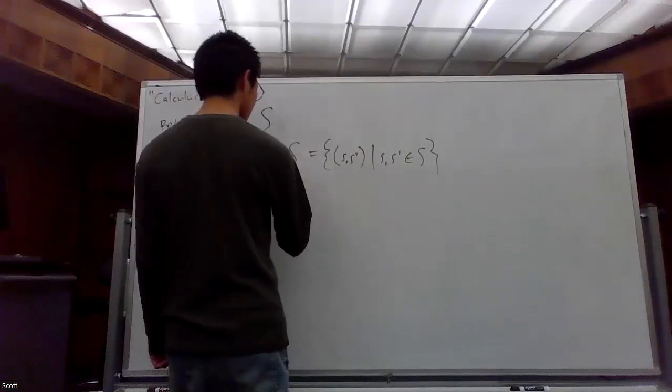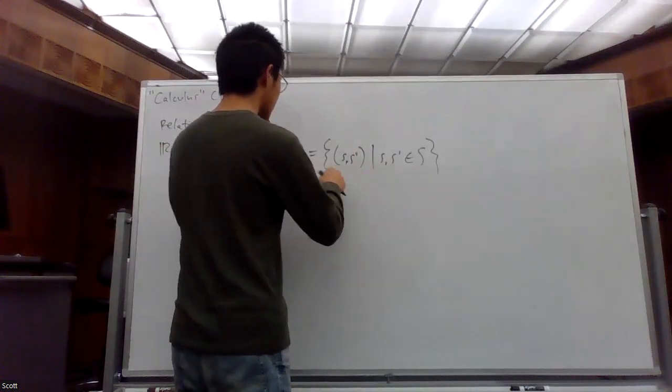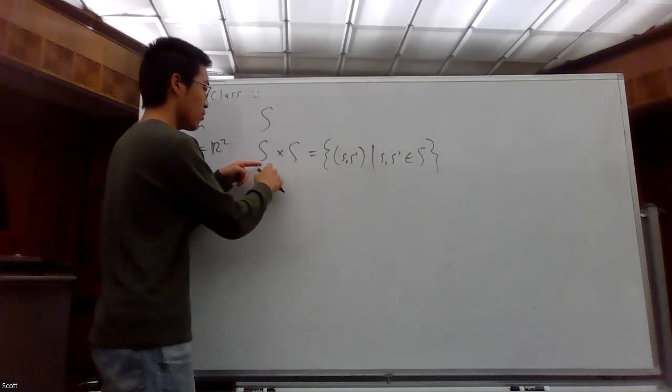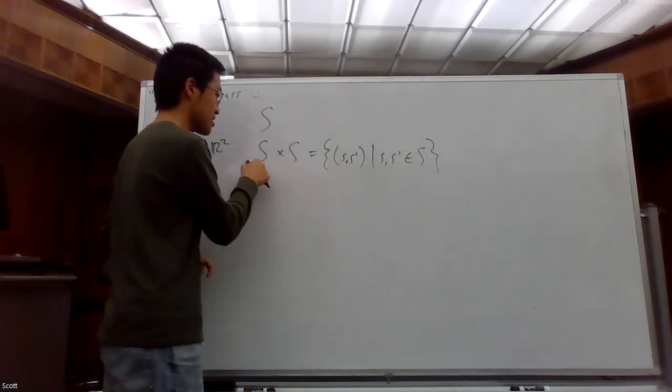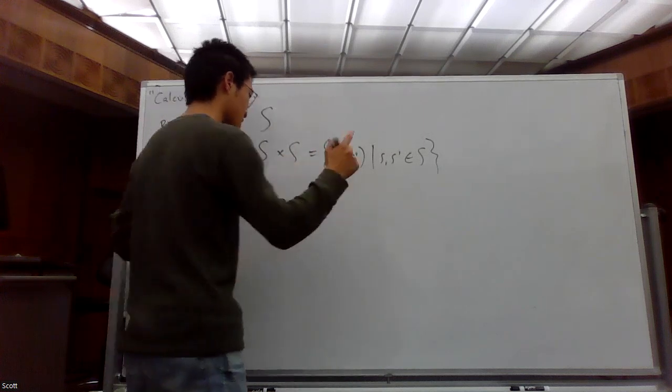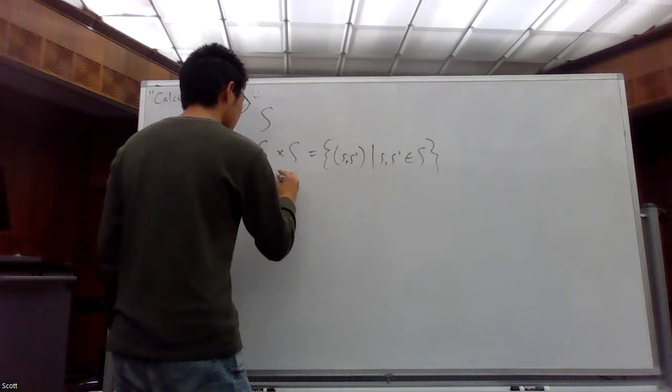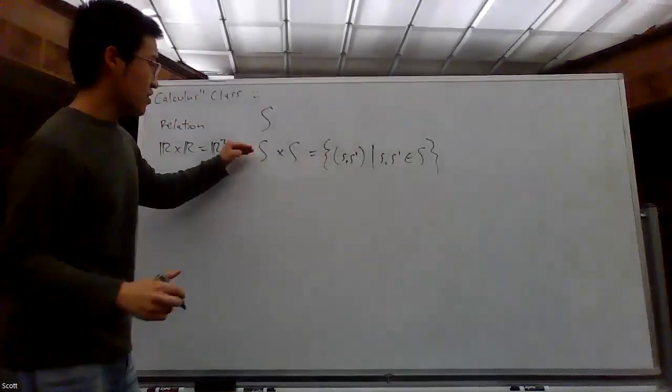Now the idea is you take these Cartesian products, and certain Cartesian products are special. This is specifically a set together with itself. And you can take subsets of sets, so we're going to take a subset of this Cartesian product.